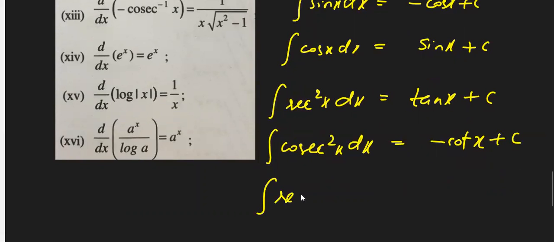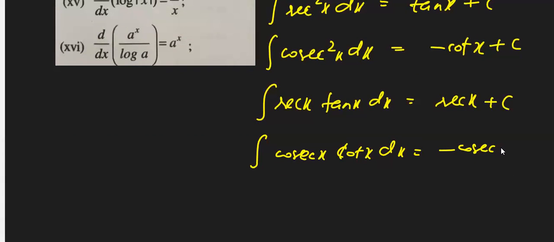Suppose we consider integral secant x tan x dx. We know that secant x tan x is the derivative of secant function. So integral secant x tan x dx gives secant x plus c. Consider integral cosecant x cot x dx, that is minus cosecant x plus c.